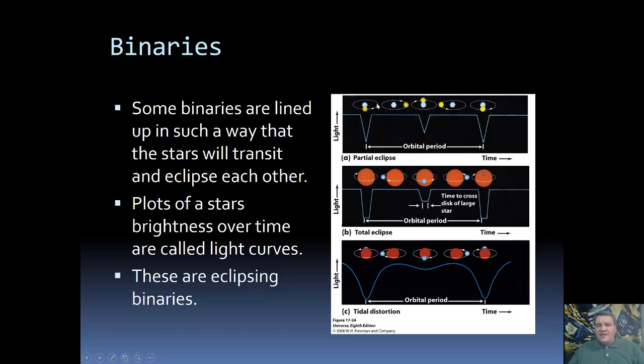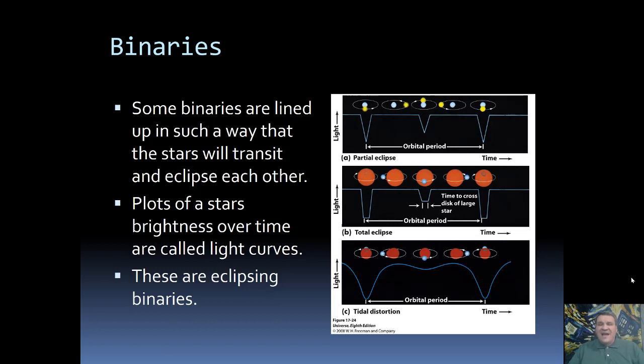So what we're looking at is as the two stars are side by side, we see both of them, we have a maximum brightness. But as one star passes in front of the other, some of that starlight becomes blocked, so we see a drop, a dip, in the star's brightness until we see both stars again. Okay, so we look for these periodic dips in brightness that's going to reveal that these are actually two stars orbiting around each other.